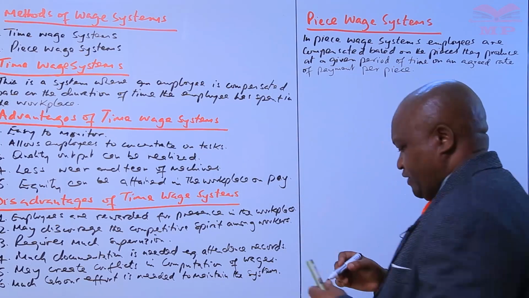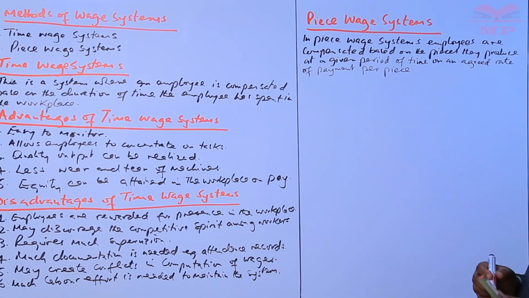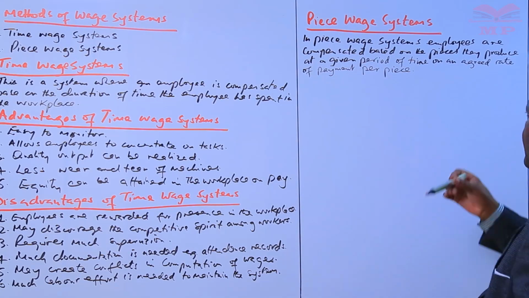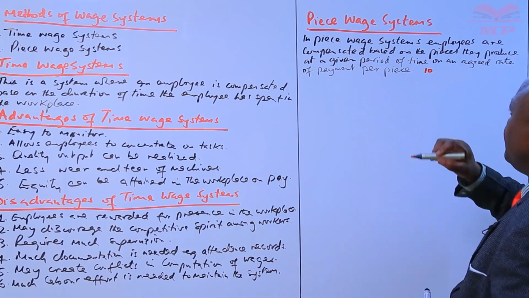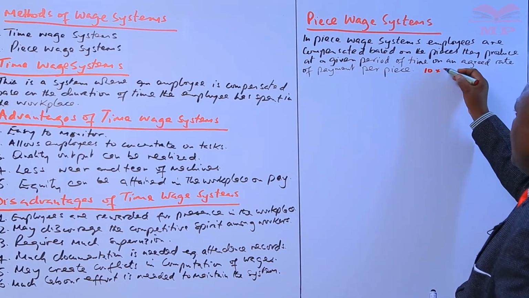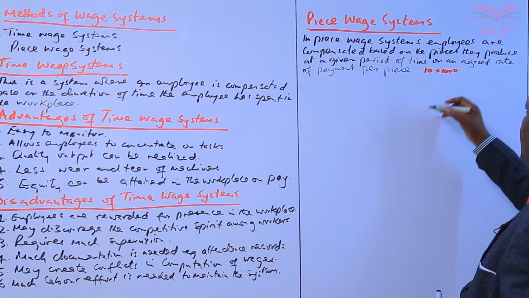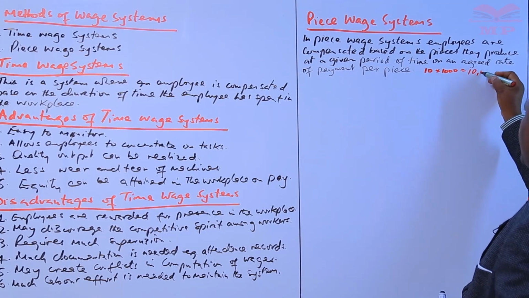So take an example. If an employee produces 10 items, an employee could produce 10 items, and each item is 1,000 shillings payment. So the payment for this will be 10,000.